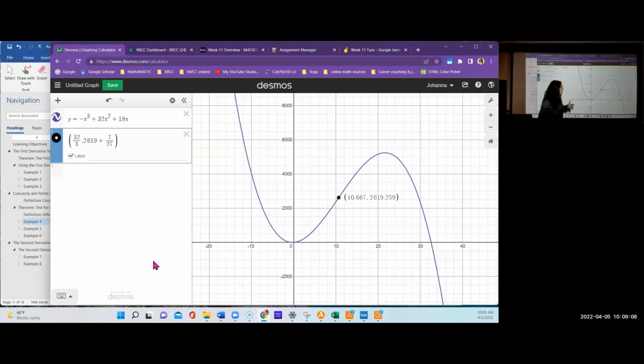We've got the decreasing behavior over this interval up to here, and then again from the second critical value down. And then we've got the increasing behavior between the two. We can use our college algebra skills to find the x-intercepts. Remember, to find x-intercepts, you set the original function equal to 0, not the derivative, the original function.